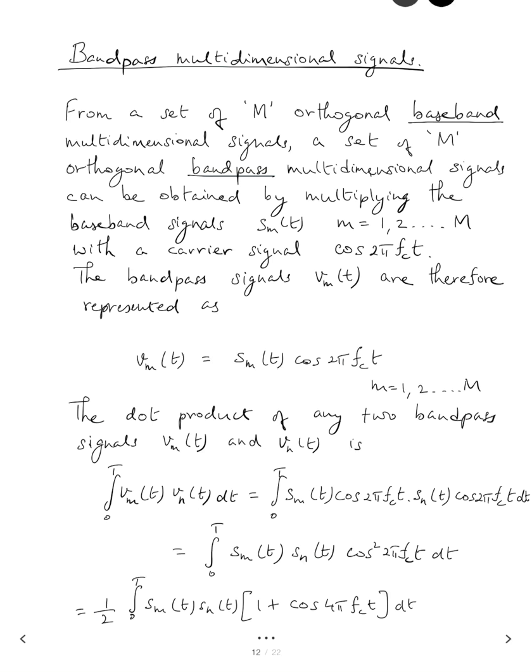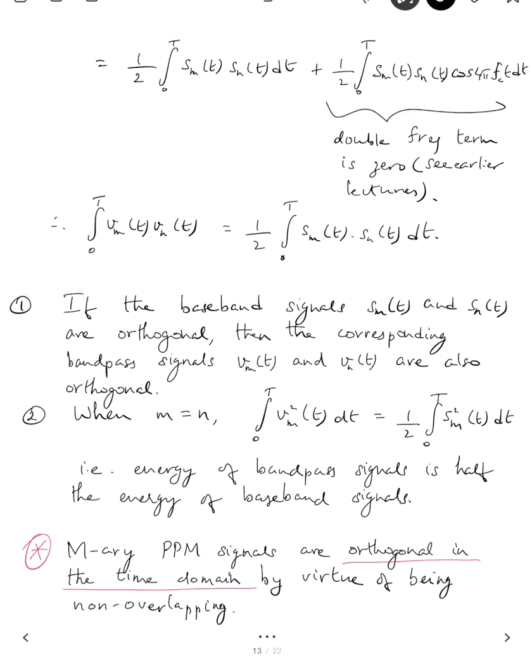Then we multiply the terms, so we get Sm Sn into 1 plus Sm Sn into cosine 4 pi fct. So let's simplify that. We get these two terms. This is the term that you get when you multiply with the 1. This is the term that you get when you multiply with the cosine 4 pi fct, that is the double frequency term.